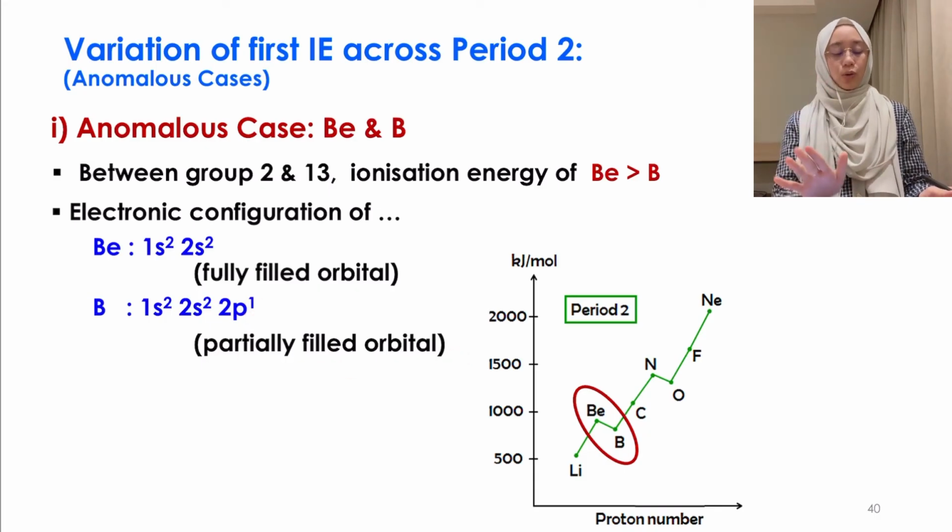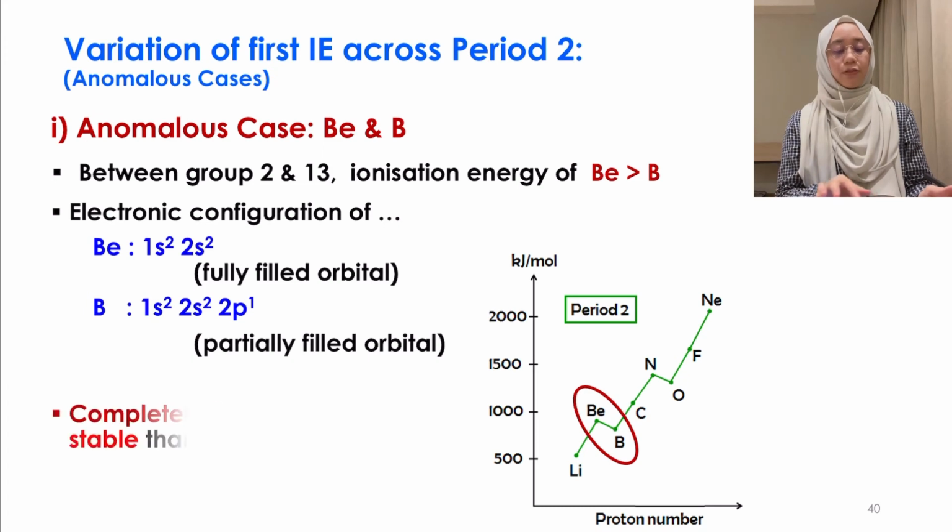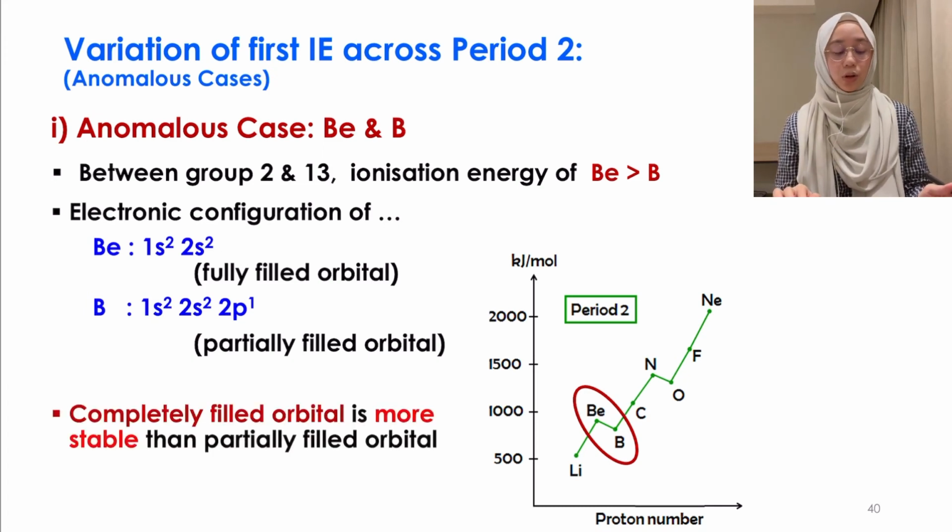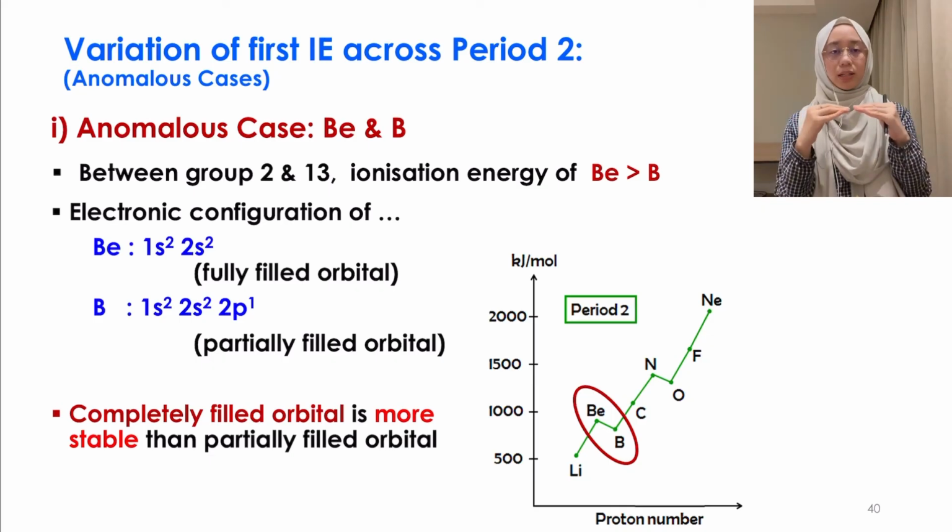So what you need to know now is class, that fully filled orbital, okay, ataupun completely filled orbital, it is more stable than the partially filled orbital. Okay, so bila something yang very stable, so susahlah sebenarnya untuk kita remove electron tu. Okay, benda yang kurang stable sikit senanglah kamu nak remove sebenarnya.